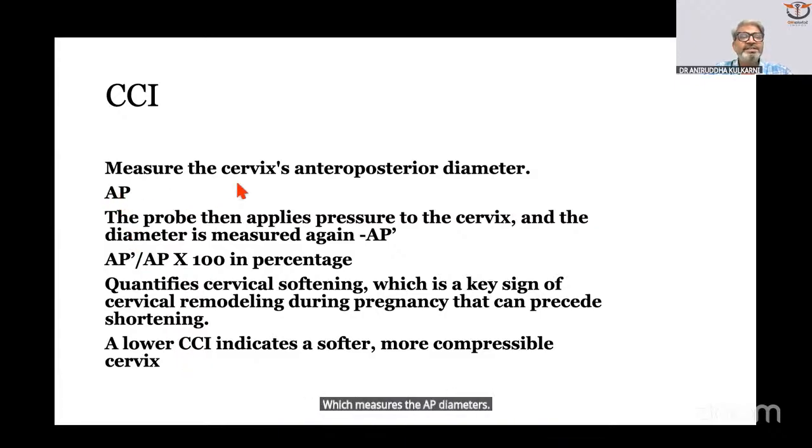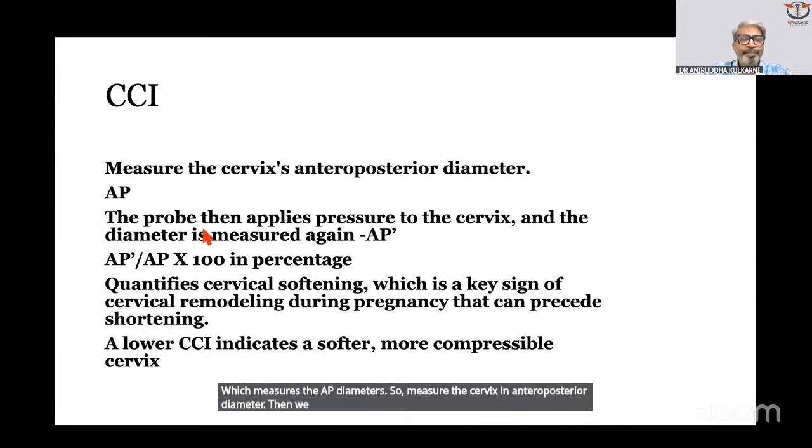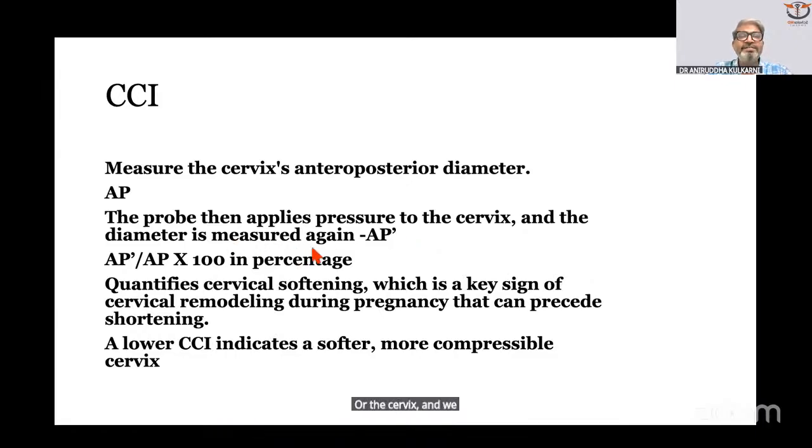So measure the cervix in anteroposterior diameter. Then we apply the probe pressure over the cervix and we measure the cervix again. So this length is AP. This length, let us assume, is AP dash. So AP dash upon AP into 100 is a percentage.